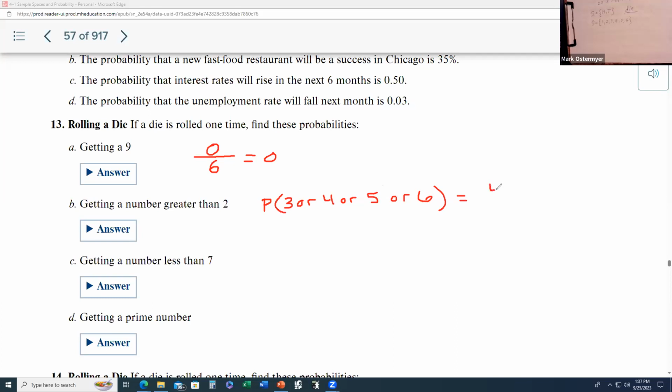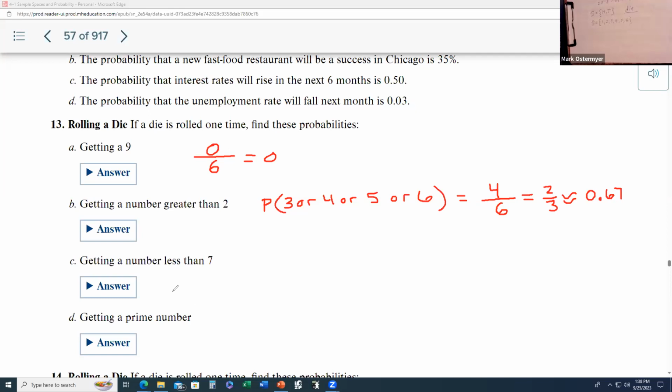Four ways. Do you agree? Divided by how many outcomes when you roll a die? Six outcomes. The probability is 4/6 or 2/3, or as a decimal, about 0.67, correct? About a 67% chance. That would be the probability of rolling a number greater than 2.